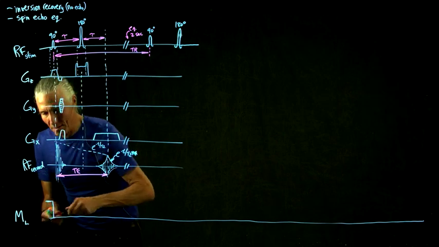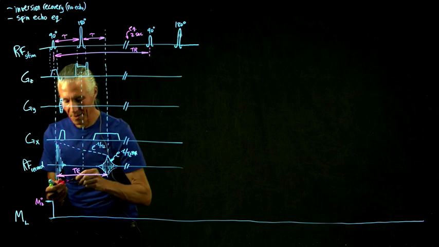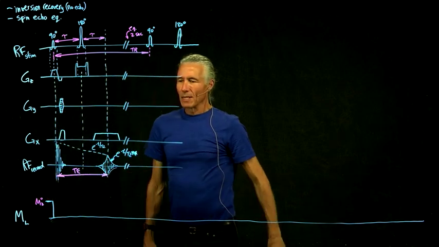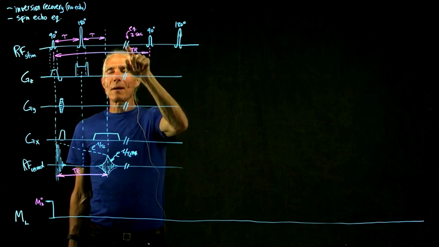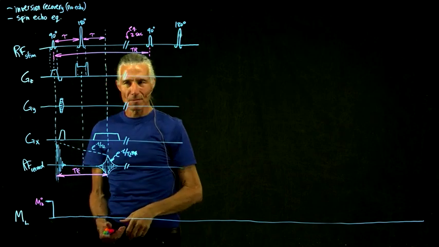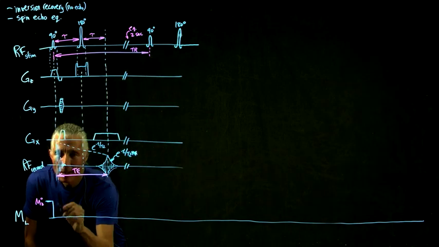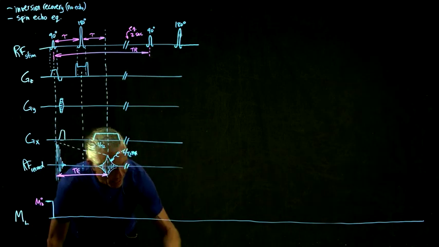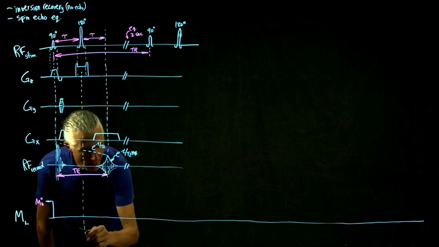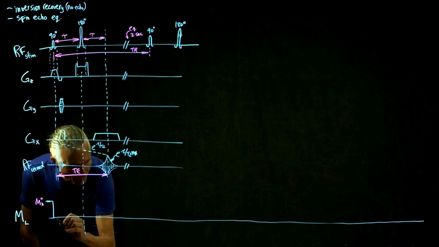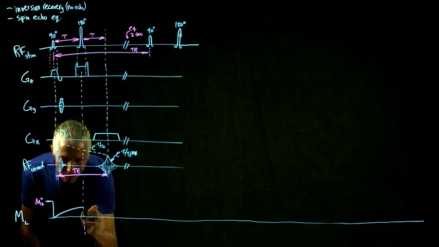So this is MZ0. It won't be MZ0 the second time around, but if we do a really long gap here, it can get back up to MZ0. But for the very first one, we just do our 90 like that, and then we do a 180 here. So basically we've got some recovery like that.